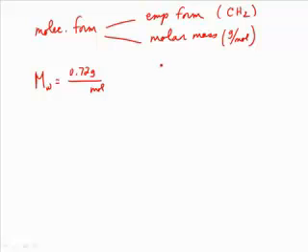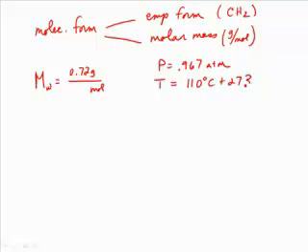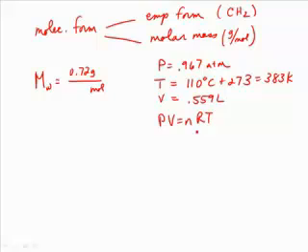So let's see what I've got. I have a pressure of 0.967 atmospheres. I have a temperature, 110 plus 273 is going to be 383, and I have a volume of 0.559 liters. Alright, so we can find the moles.